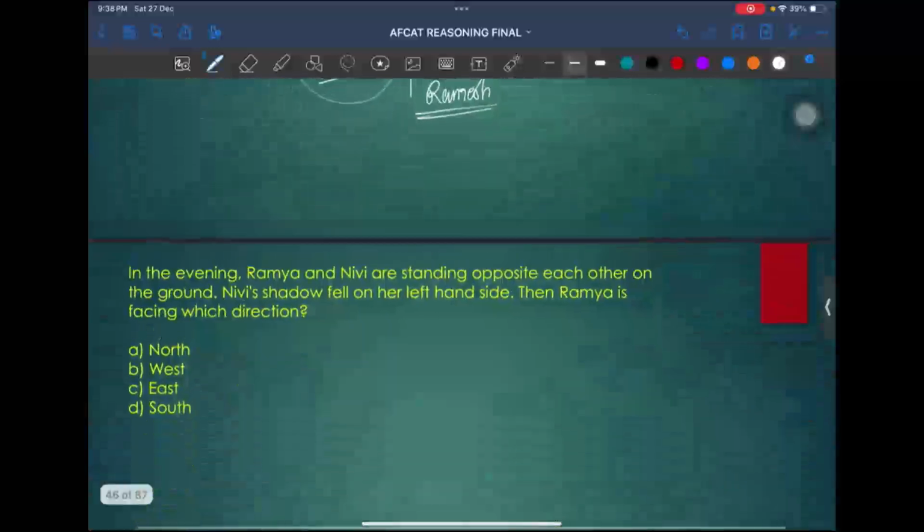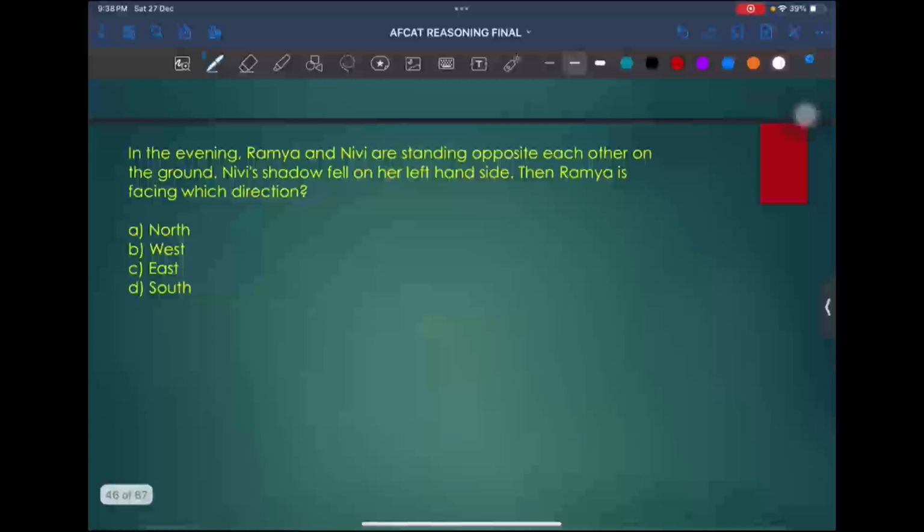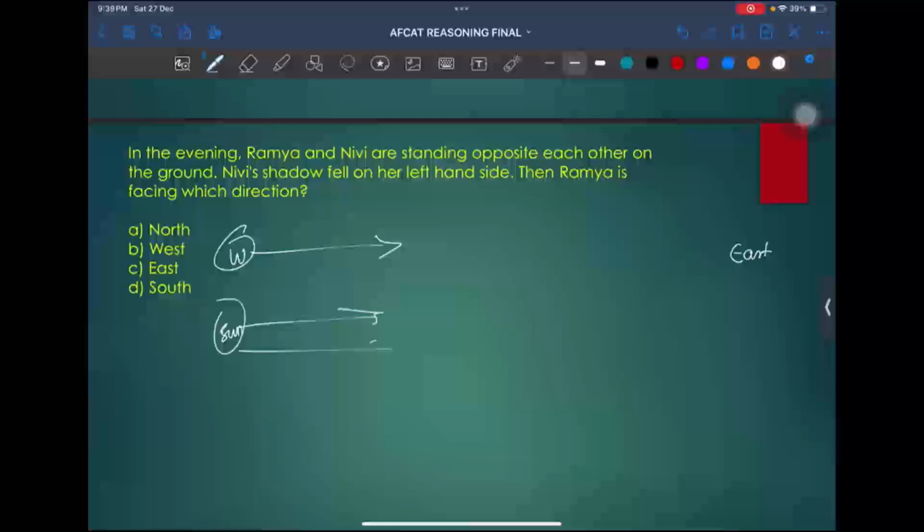In a similar way, there is one more question. In the evening, the sun will be in the west and it will be moving towards east. Sun rays will be going like this.